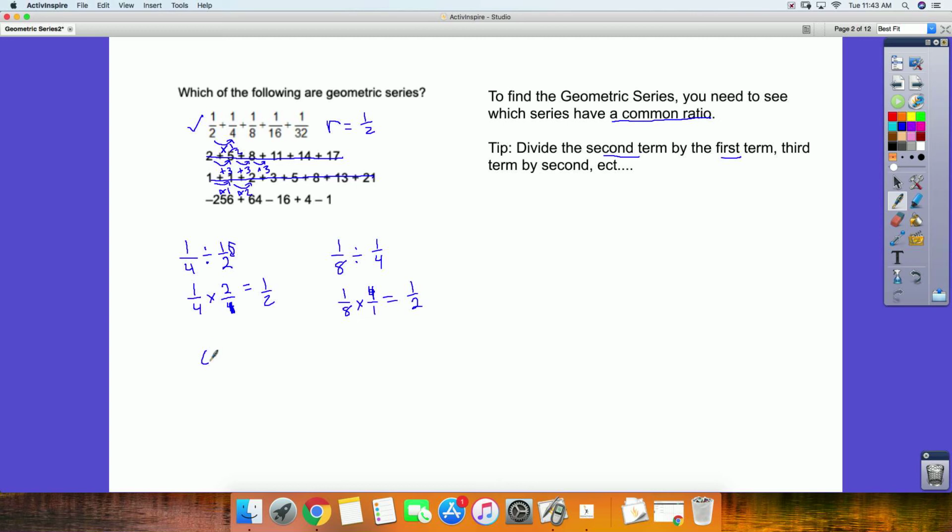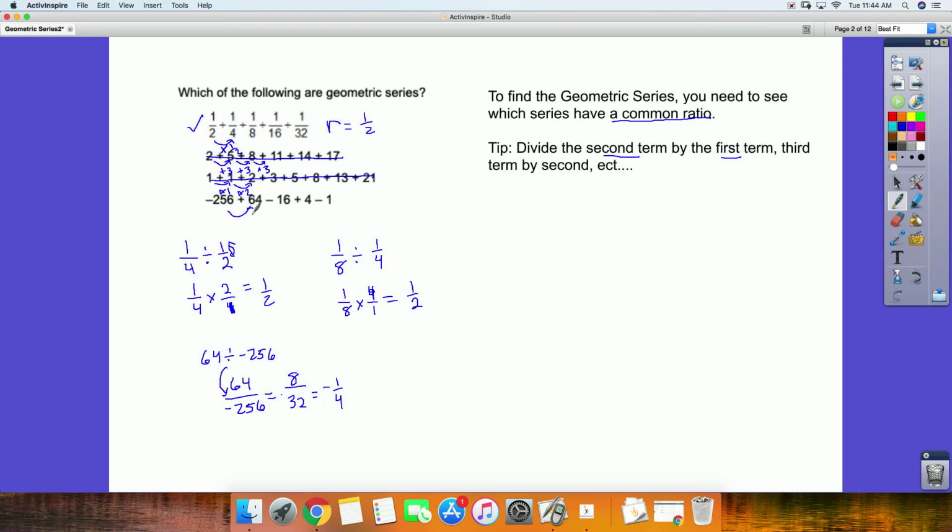Let's do 64 divided by negative 256. We can just write that as a fraction, because remember, division is the same thing as a fraction bar. And if we divide that, I know 8 goes into both of those. So let's divide both of those by 8. That gives me 8 over 32, which now I can see simplifies to negative 1/4.